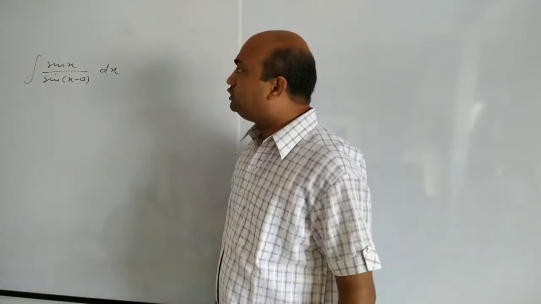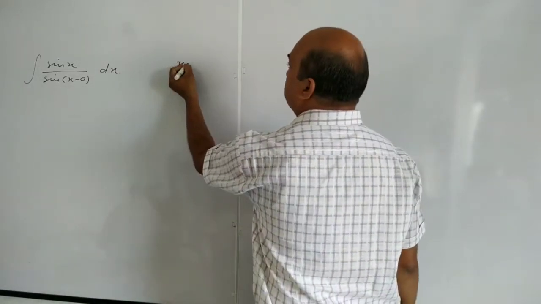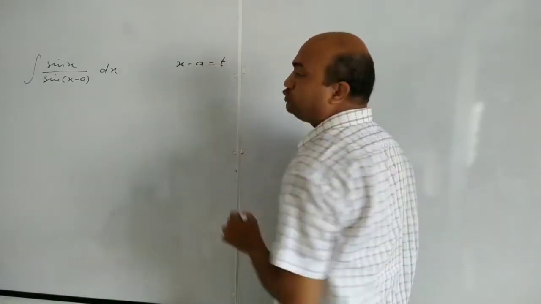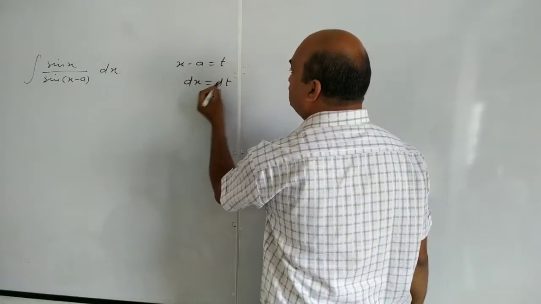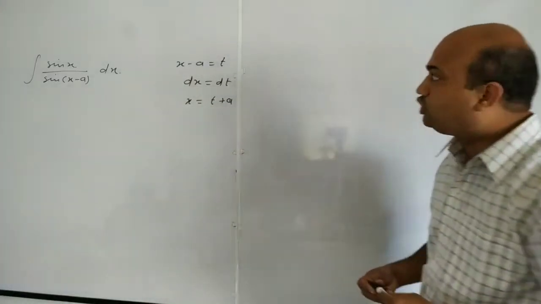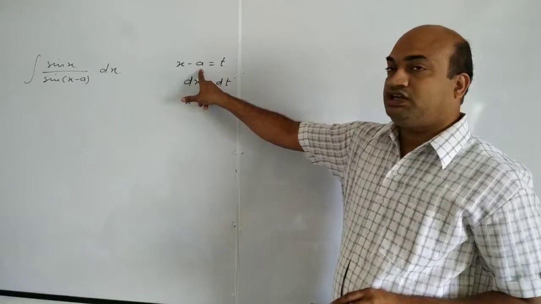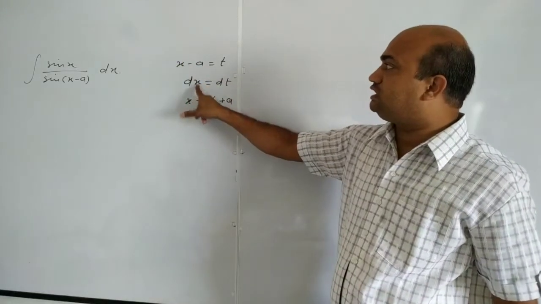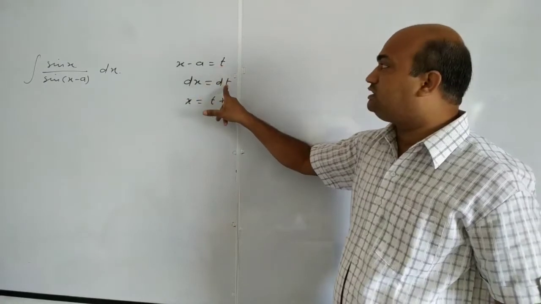Integration of sin x upon sin(x minus a). You see here, x minus a we will put as t. Then we get dx is equal to dt, and x we get t plus a. We differentiate it. Differentiation of x is dx, differentiation of a is 0, and differentiation of t is dt.